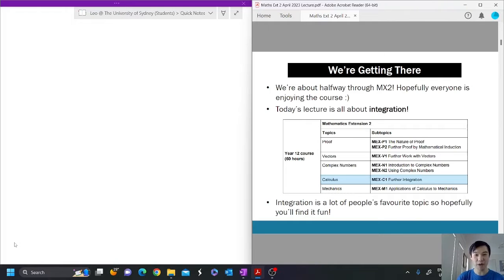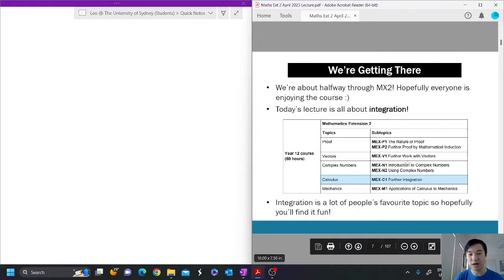Today's lecture is all about integration. As you all know, the syllabus changed in 2020, so you guys are the fourth cohort to sit this new syllabus. They simplified a lot, in terms of reducing the number of topics you need to cover. So you only have 5 topics.